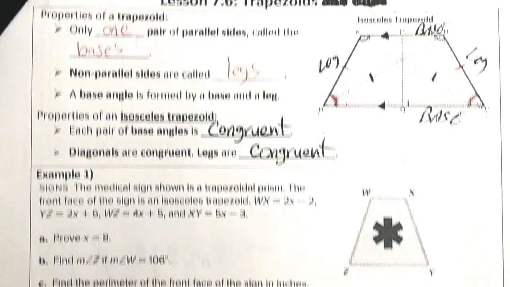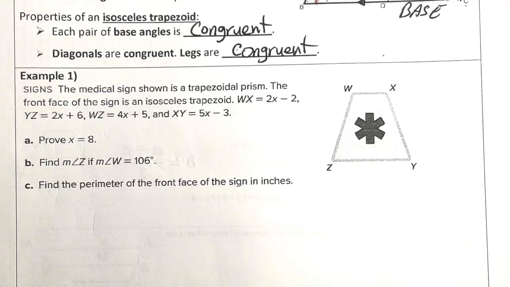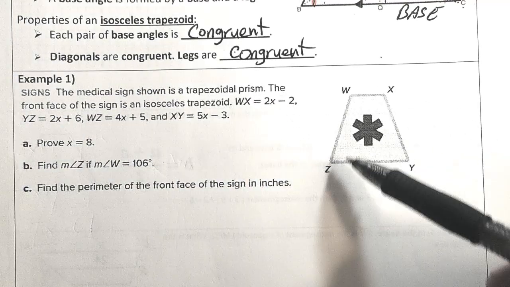All right, so example 1. We have an example and we have 3 parts to it. Then we don't have a 2, so there's no you do. It's going to be a me do here on number 1. The medical sign shown is a trapezoidal prism.